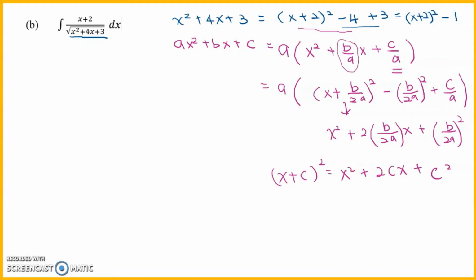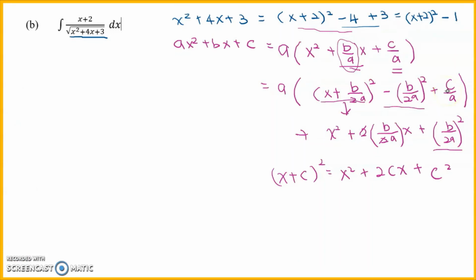Okay, so now back to this. These 2 and these 2 can be cancelled, and hence the square of this is x squared plus b over a x. So we get back this. But we have an extra term, b over 2a squared. So that's why we need to subtract it back.